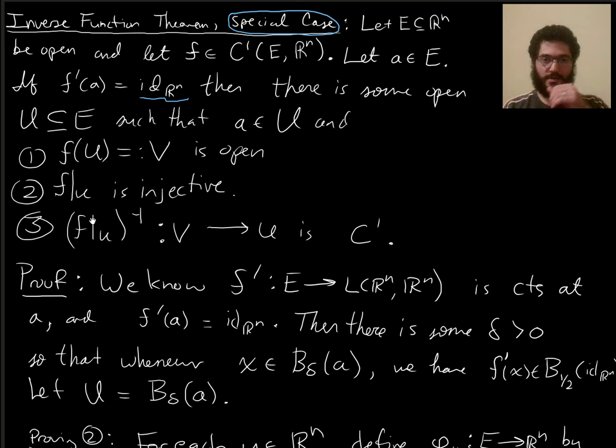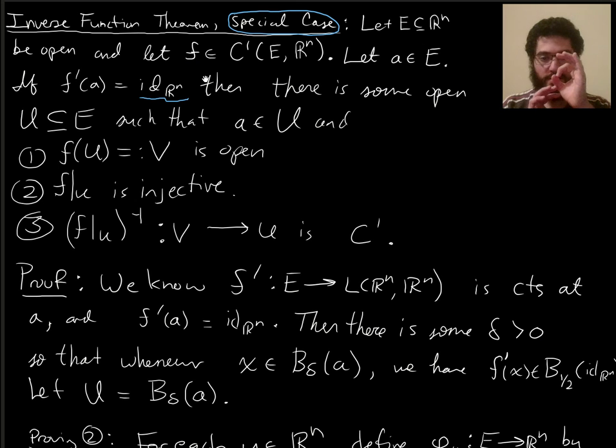So now we know that, getting away from the special case, going back to the original inverse function theorem, if you have a C1 function whose derivative is an invertible linear map at a certain point A, then we know that there's a neighborhood of A on which f itself is invertible. The original function is invertible.